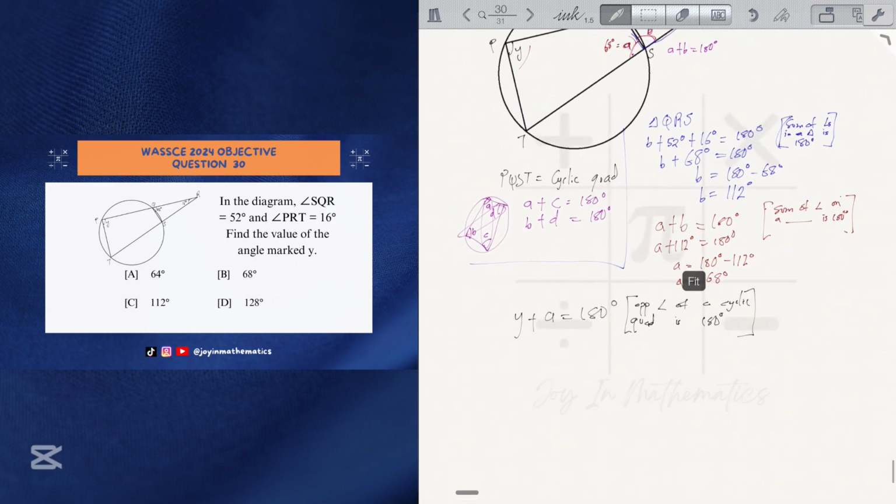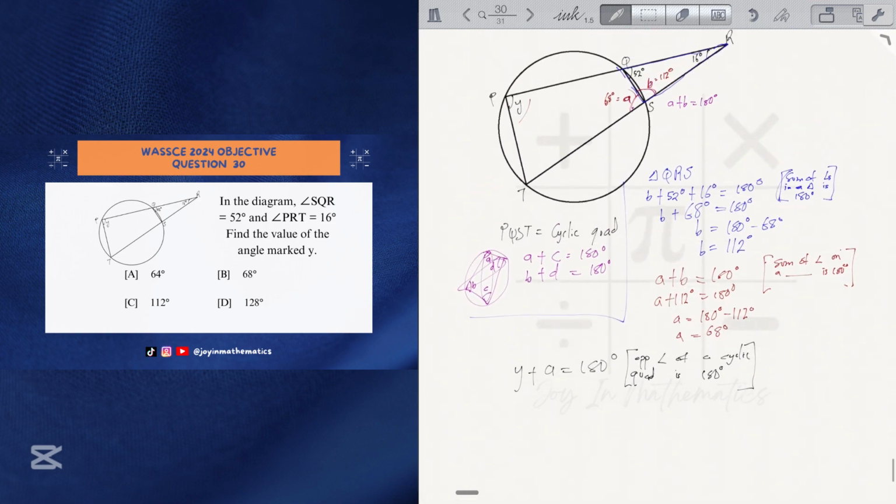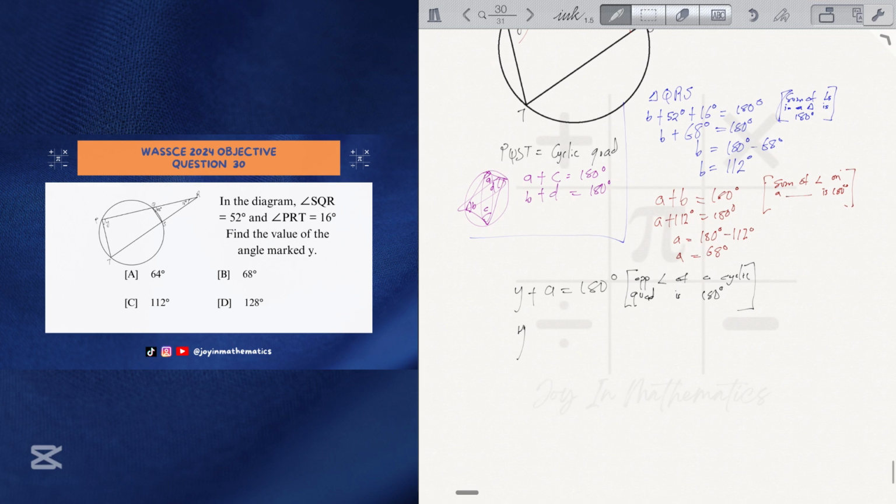So our Y, which is the angle we are looking for, is equal to 180 degrees minus A. Our A is 68 degrees, so that's 180 degrees minus 68 degrees.